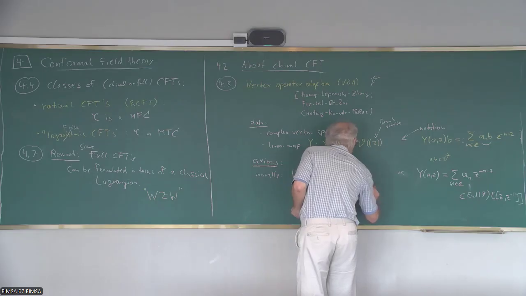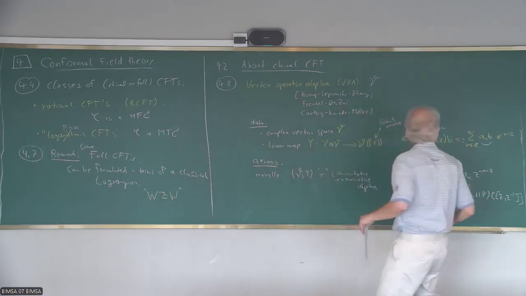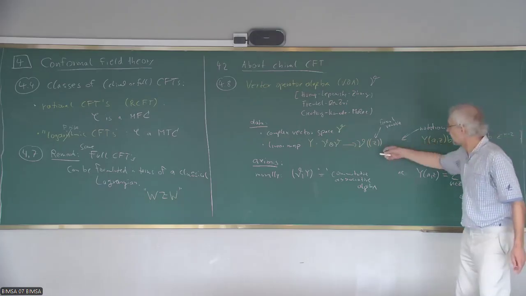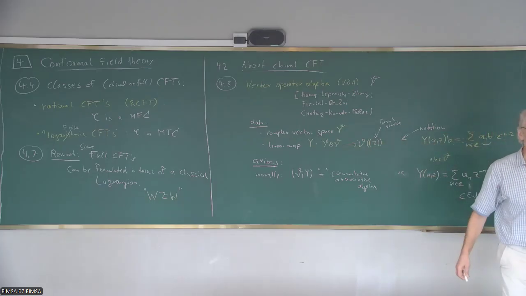And it's not really an algebra in the usual sense, because of this label n here. You can think of this as a multiplication which depends on, well, not one multiplication, but infinitely many multiplications. Or another way to think about it is to say a multiplication which in addition depends on a formal variable.